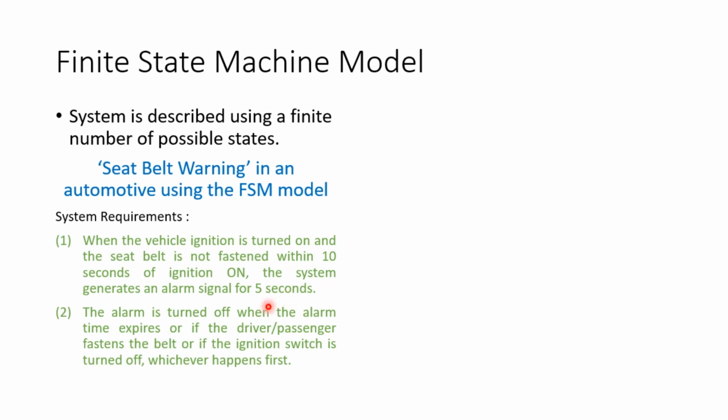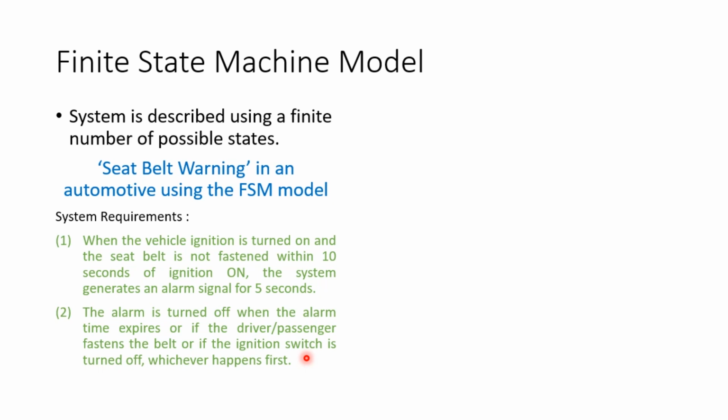Once this alarm is on for 5 seconds, that directly tells you that the alarm should turn off after 5 seconds. So the alarm should be turned off when the alarm time expires, that is 5 seconds, or under other conditions, like if the driver or passenger fastens the belt within that 10 seconds. Ignition is on, but he took some sweet time to fasten the seat belt, maybe another 5 seconds. Your timer started the moment the ignition was on, counting 1 second, 2 seconds, 3 seconds.